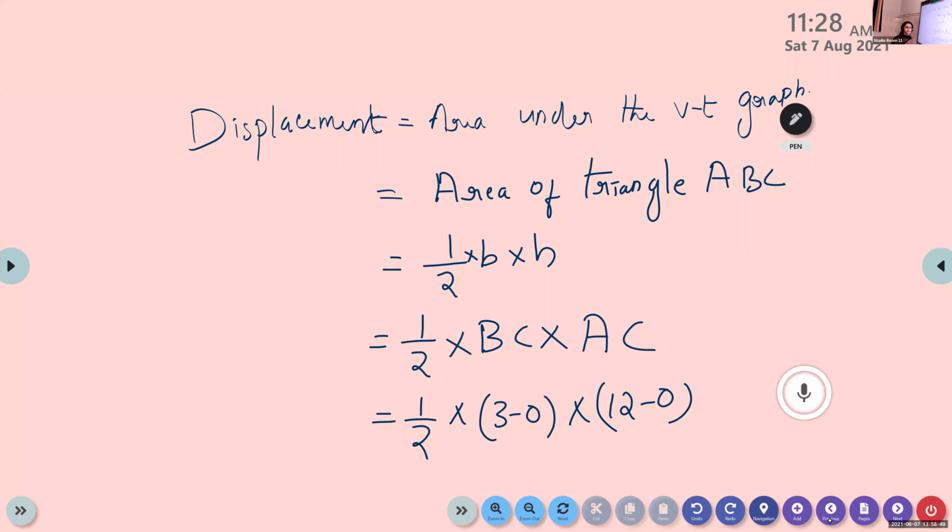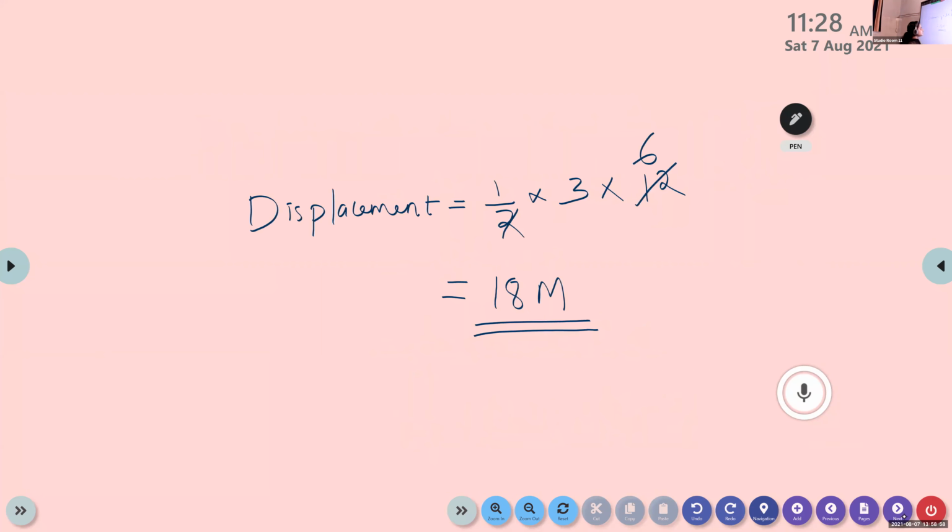So the base is represented by BC and height by AC. So that is equal to half into 3 minus 0 into 12 minus 0. So displacement is equal to half into 3 into 12. So here the 2 and 12 are cancelled. So it becomes 3 into 6 or 6 into 3, that is equal to 18 meter. Is it clear?